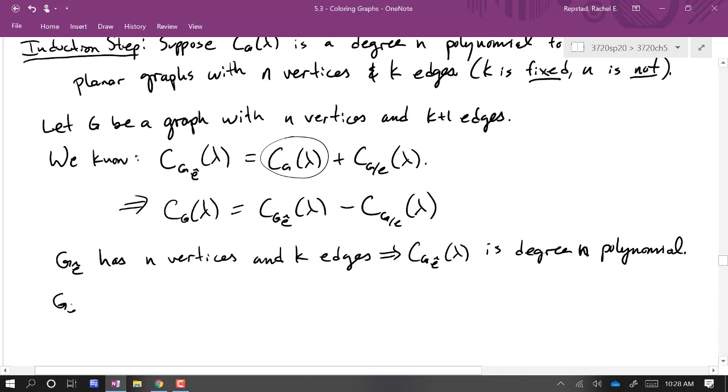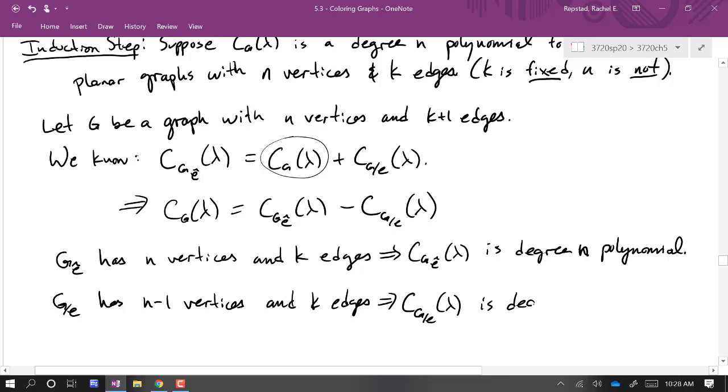Now G mod E has n minus 1 vertices and k edges, which means that its chromatic polynomial is a degree n minus 1 polynomial. Right, the degree is the number of vertices.